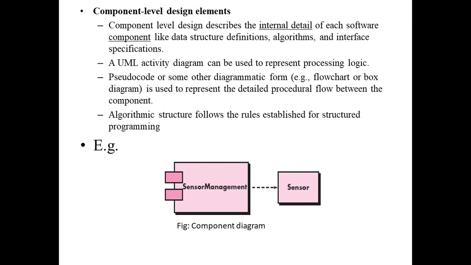A UML activity diagram can be used to represent processing logic. Pseudocode or some other diagrammatic form is used to represent the detailed procedure flow between the components. Algorithmic structure follows the rules established for structured programming. So we have a component, the sensor management component, in order to manage your sensor.